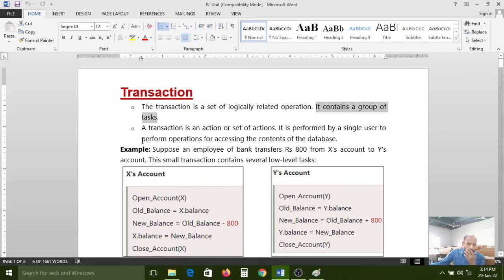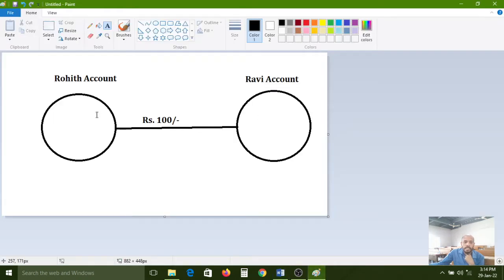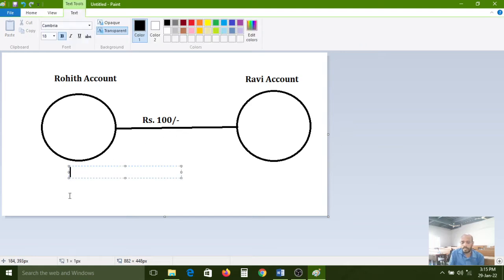Here we are transferring 100 rupees from one account to another, which is a simple term. But behind it, multiple tasks are going on. How many tasks are going on for one transaction?